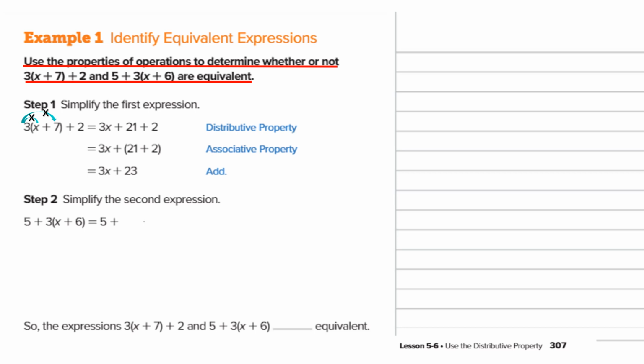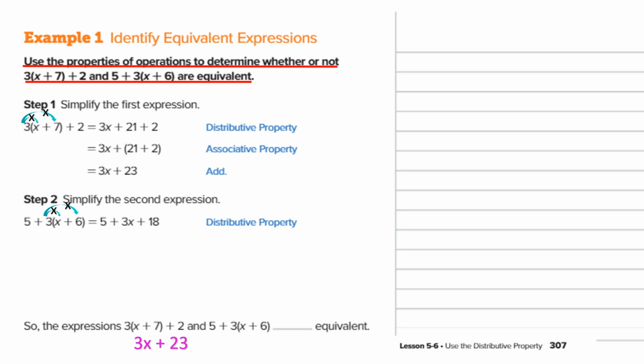So we're going to keep the 5 plus because I need to do my distributive property to figure out what's inside. So when I have 3x, that's 3 times x, and then I have the addition sign, and then I'm going to multiply the 3 times the 6. So 5 plus is kept, 3 times x is 3x plus, and then 3 times 6 is 18.